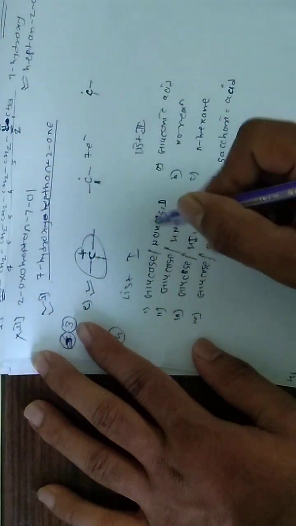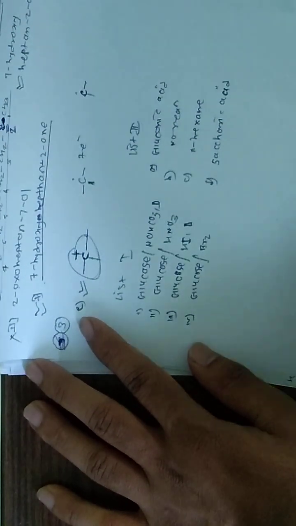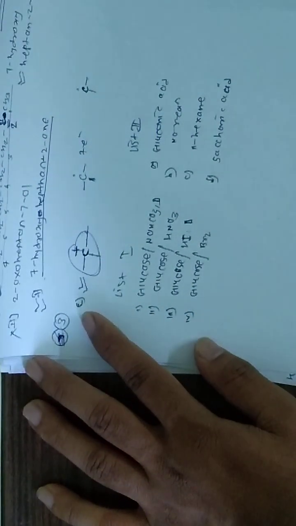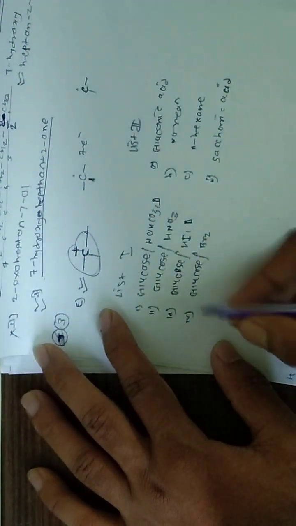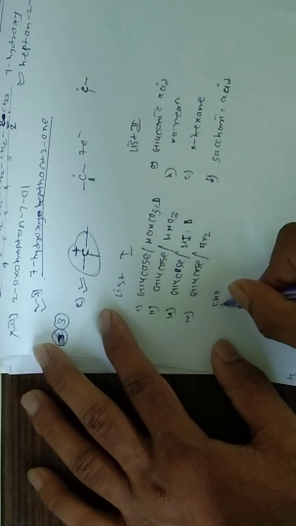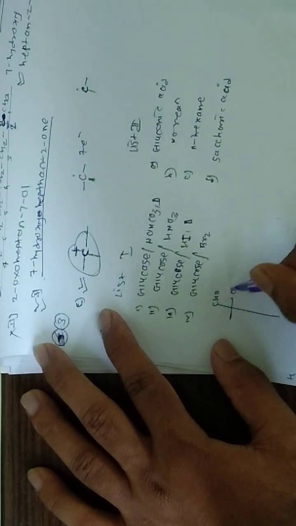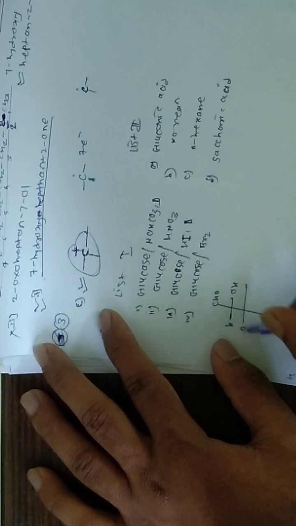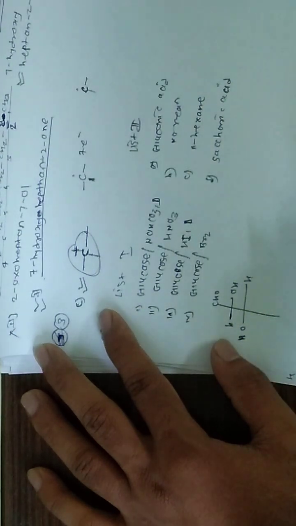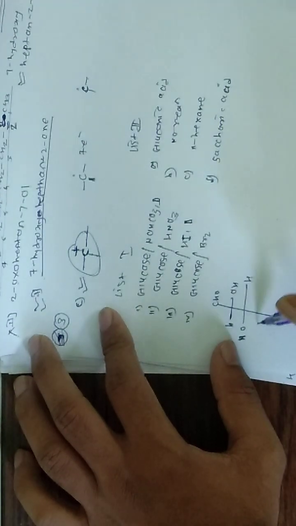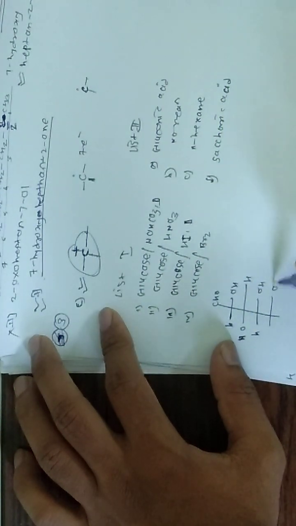So what is the structure of glucose? Glucose has one CHO group, OH on the second carbon, OH on the third carbon at the left position, then the fourth OH, and here CH2OH.